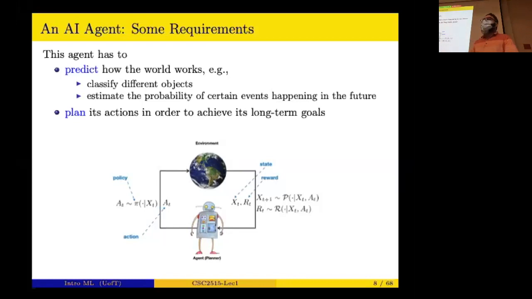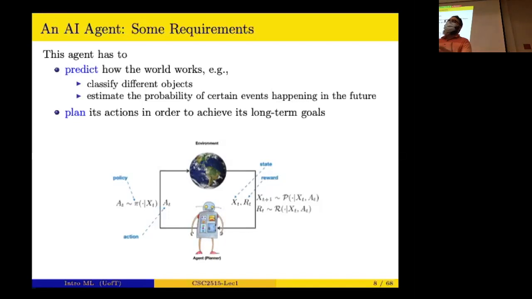For example, if it sees an object, it should be able to say whether that object is a car, a human, another car, or just something irrelevant. Or it needs to predict the probability of events happening in the future. For example, if it's a robot moving in this direction, it should be able to predict: if I move for 5 more seconds, will I hit that wall or not at the current speed?